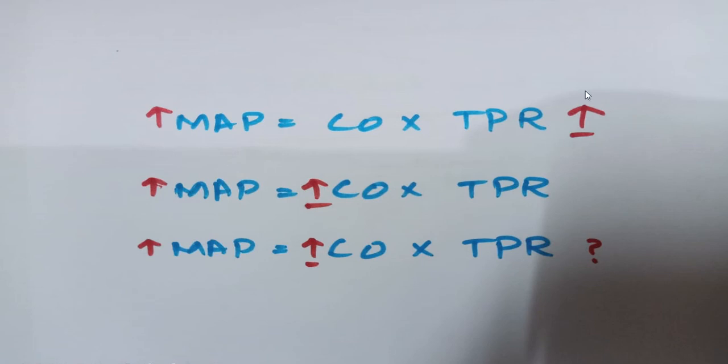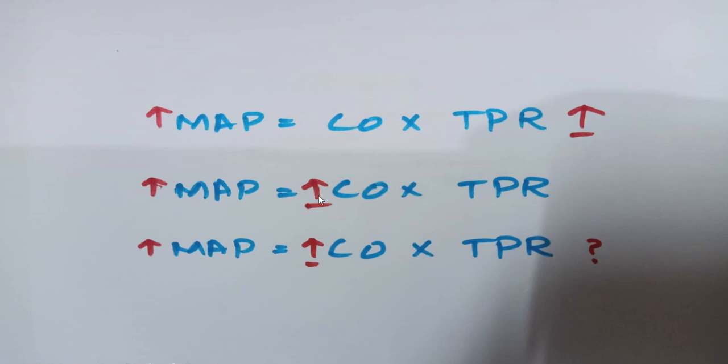It is the main equation we will discuss later on: mean arterial pressure equals cardiac output times total peripheral resistance. If the total peripheral resistance is increased at the outflow, the mean arterial pressure will be increased.